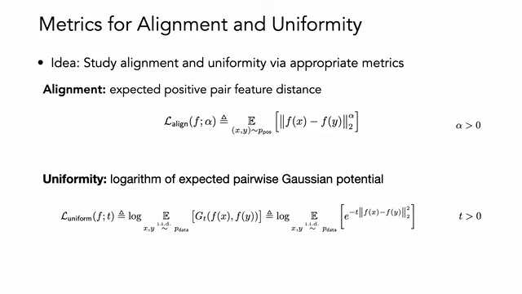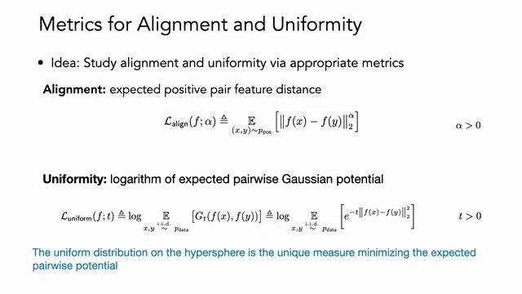And then for uniformity, instead of trying to explicitly say the expected difference between negative pairs, you can do a transformation of this using the Gaussian potential. And then you can look at using the logarithm of the expected pairwise Gaussian potential, which is essentially e to the minus squared distance. And this puts more focus on the smallest distances, right?